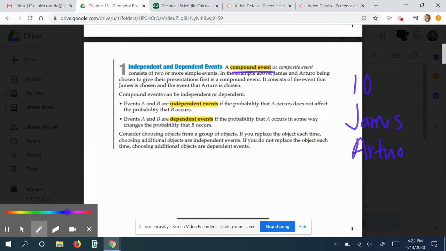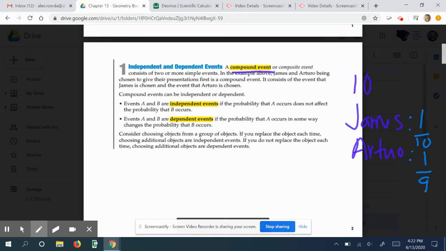So the probability of that happening, well, James is just 1 out of 10, right? And then what happens is Arturo, if we don't replace that 10, right? If James is done, there's only 9 kids left, and that would be 1 out of 9. And so what is the probability that they would be chosen in that order, right? And so we can look at that event, and we're going to look at those different types today.